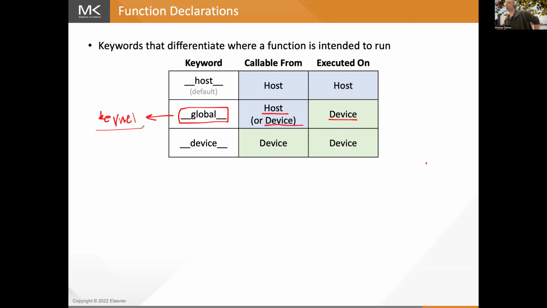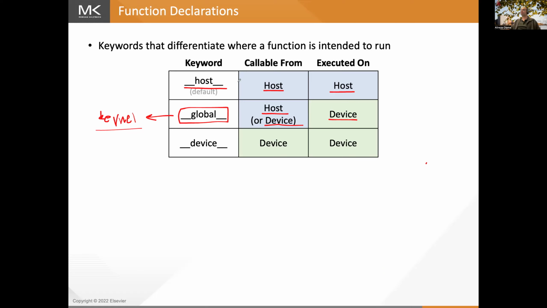All right. So you can also have a host keyword that you can use for annotating your functions. And the functions that are annotated with the host keyword, they can be called from the host, and they execute on the host, right?